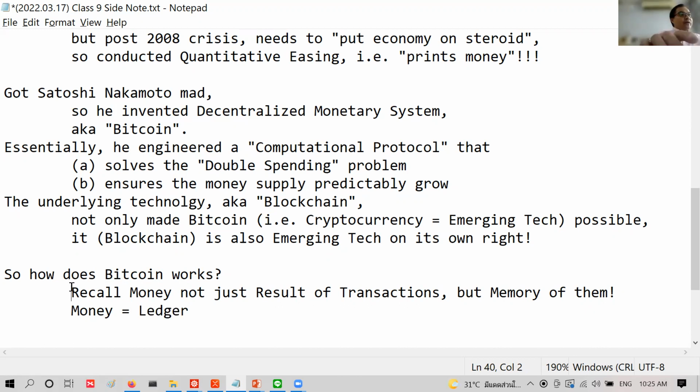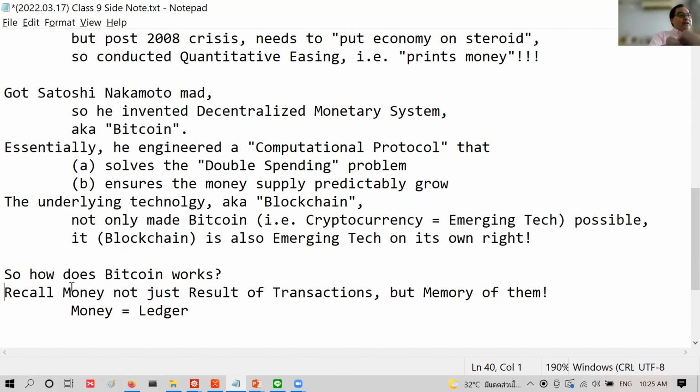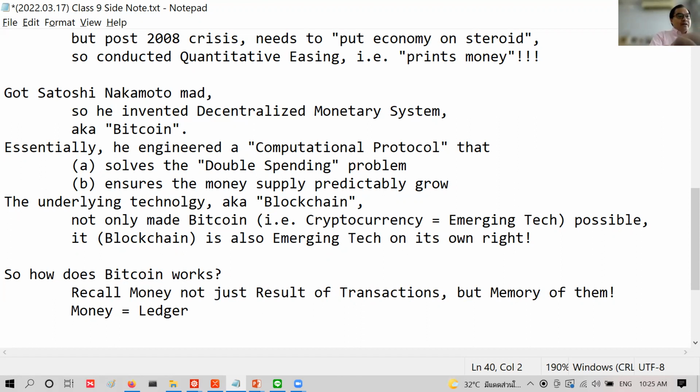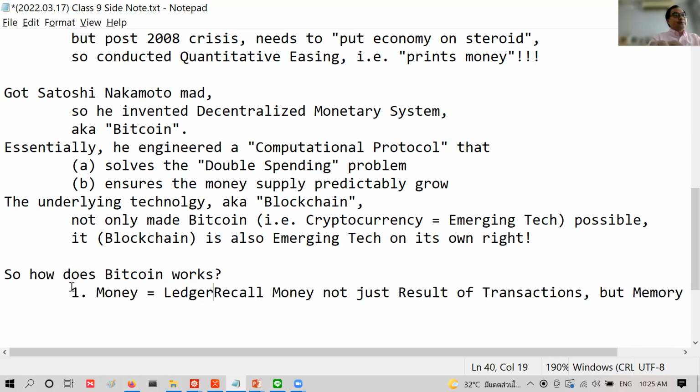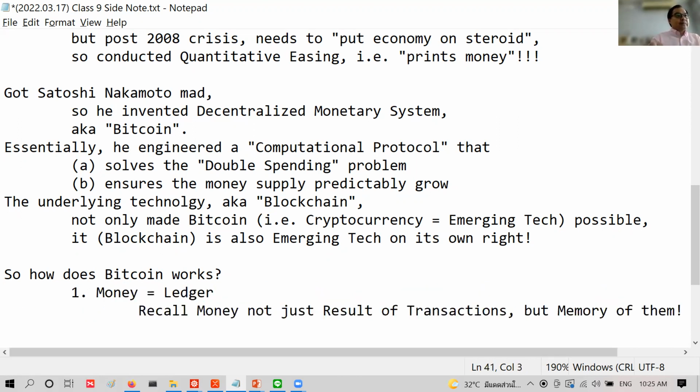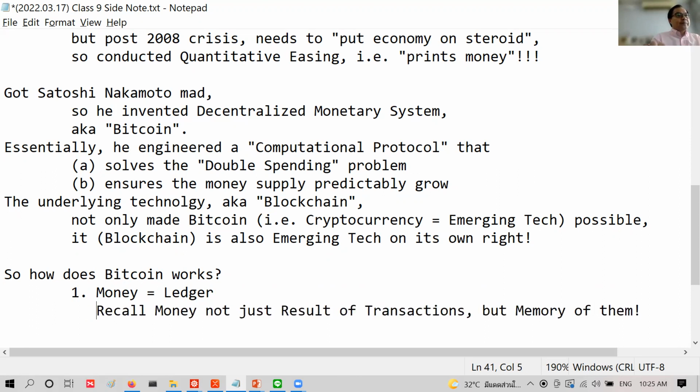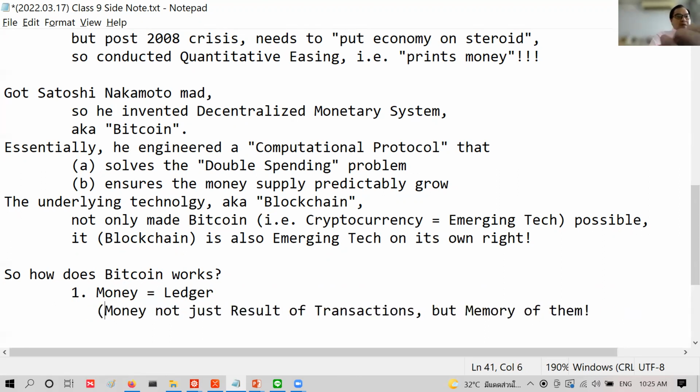So how does Bitcoin work? Let's go in. Concept 1: money is equal to ledger, all historical.